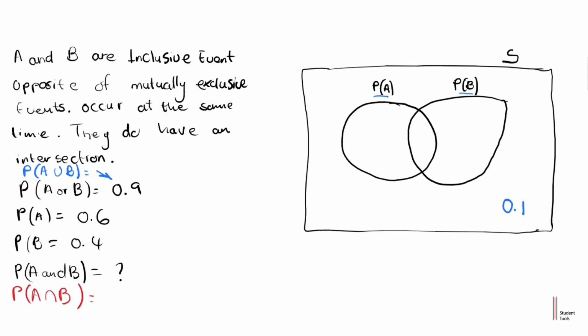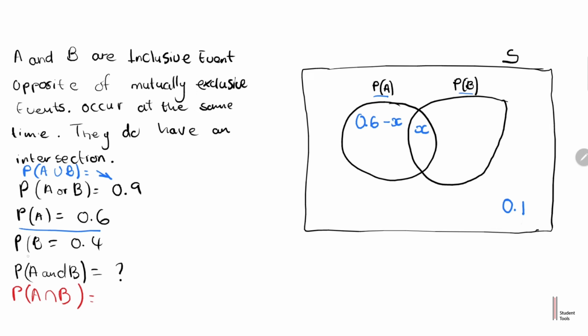To determine the probability of the intersection of A and B, let us say the probability of the intersection is X. We're given that the probability of A is equal to 0.6, so we have 0.6 minus the intersection, which is 0.6 minus X.